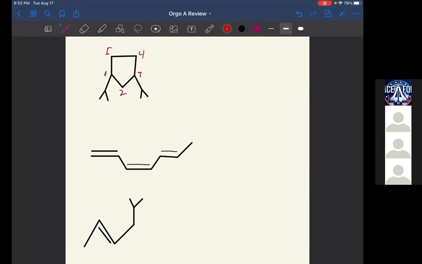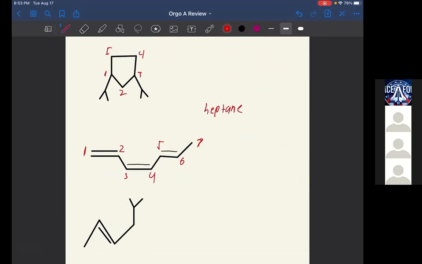So for this one, this is an alkene. The only thing that's different about alkenes is you put "ene" in the name of it, and it follows the same rule. However, the alkene, which is the double bond, is going to take priority over other substituents. So this would be 1 because it's closest, 2, 3, 4, 5, 6, 7. So this would be heptane.